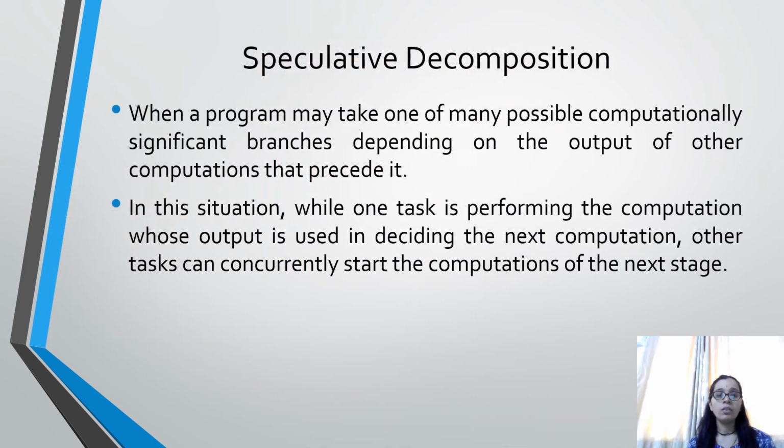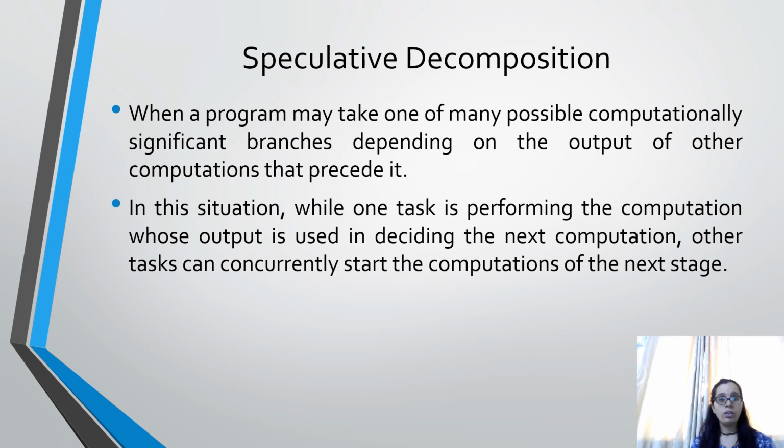After studying the 15 puzzle problem, let us see the next type of decomposition, that is speculative decomposition. Speculative decomposition refers to when a program may take one of many possible computationally significant branches depending on the output of the other computations that precede it.